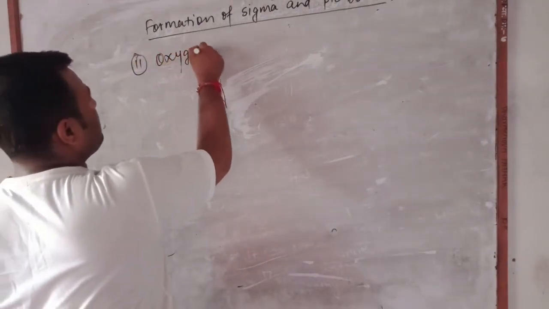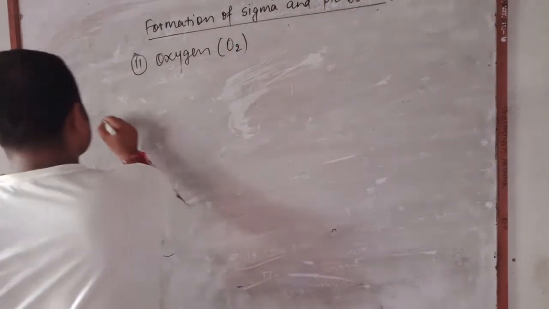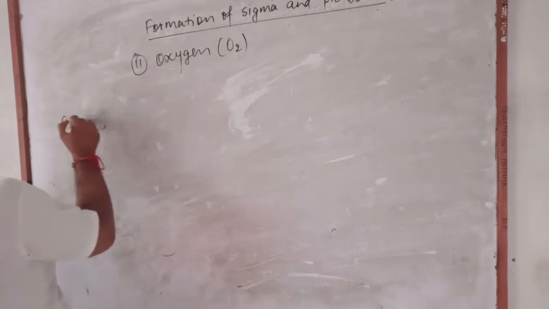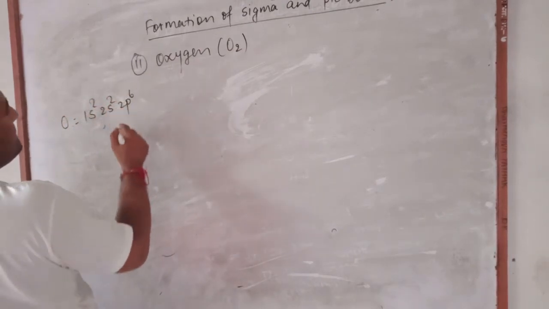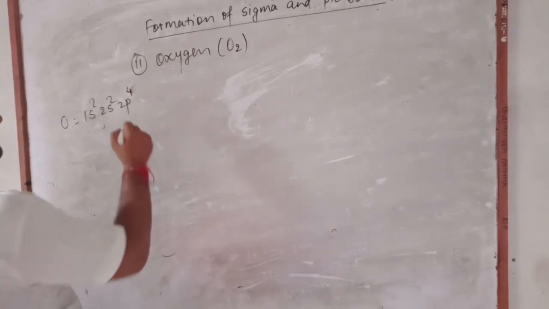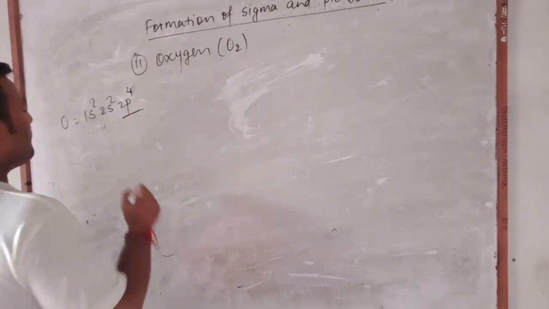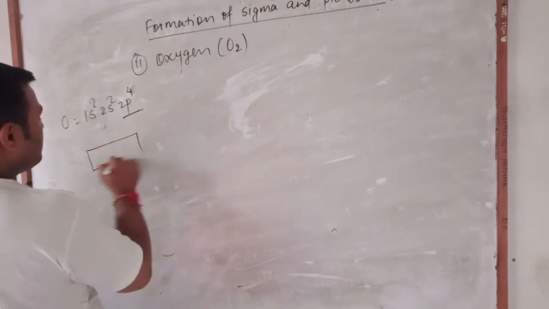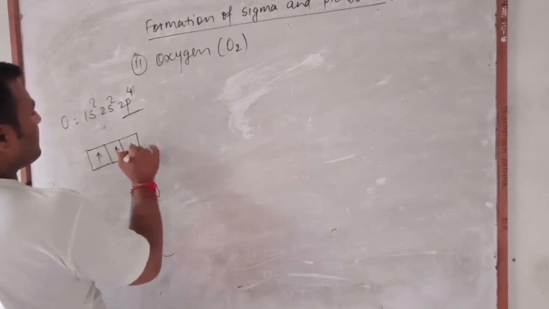The oxygen molecule is made up of two oxygen atoms, and oxygen has the configuration 1s2, 2s2, 2p4. 2p is the atomic orbital, and in the 2p atomic orbitals 4 electrons are present.